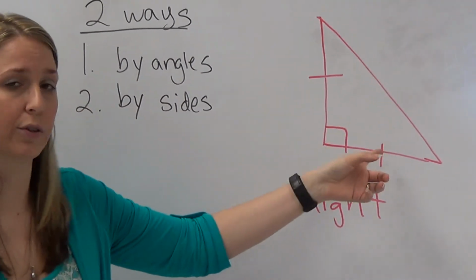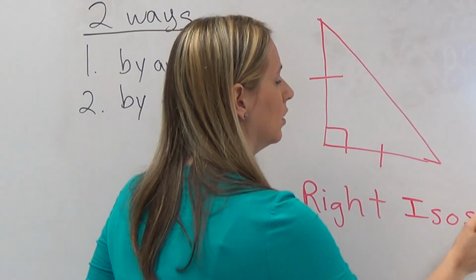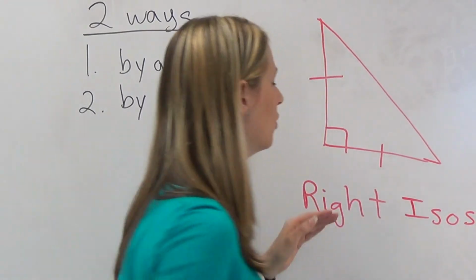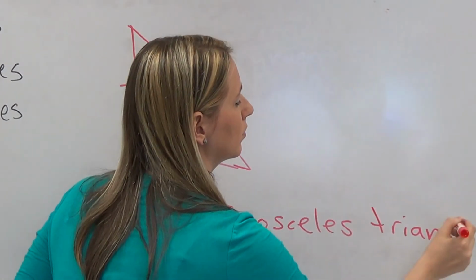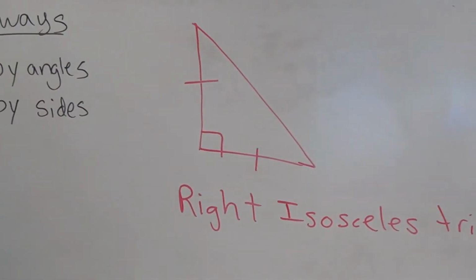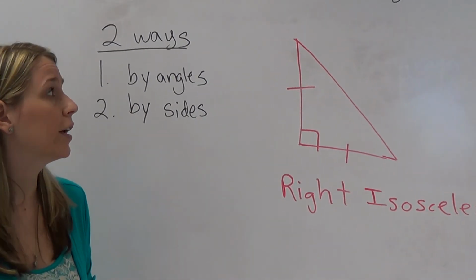But it also has two congruent sides, so it's also isosceles. So it's really a right isosceles triangle. So when you classify triangles, you're actually classifying it both ways. So that's how we classify triangles.